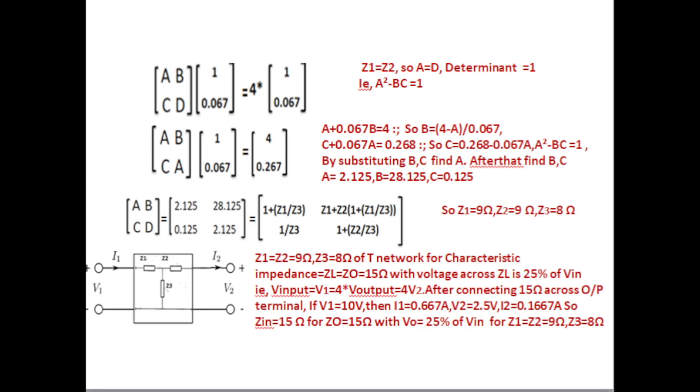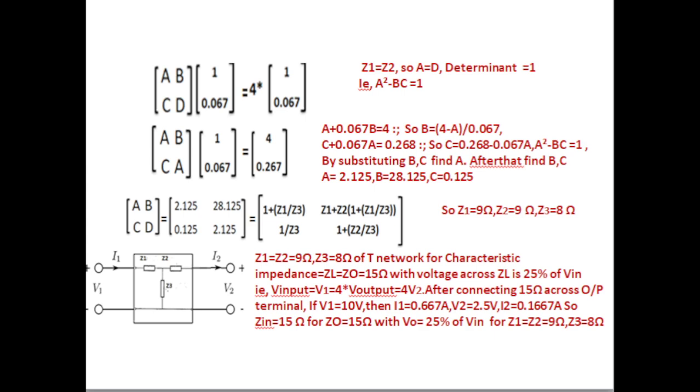From this matrix, we can find Z1, Z2 and Z3. So Z1 equal to 9 ohms, Z2 equal to 9 ohms, Z3 equal to 8 ohms. These are the T network components.